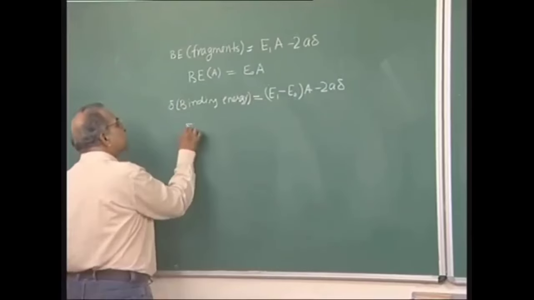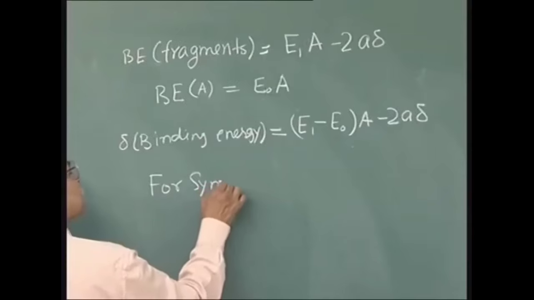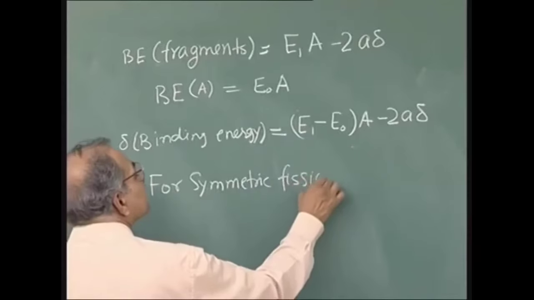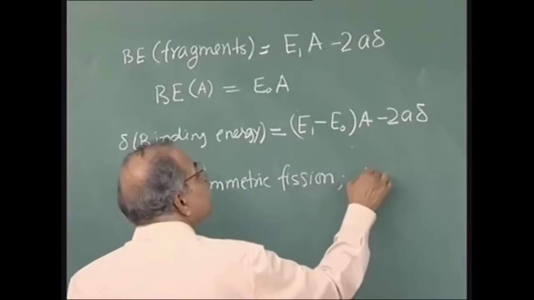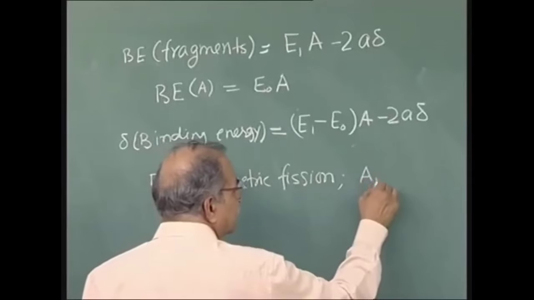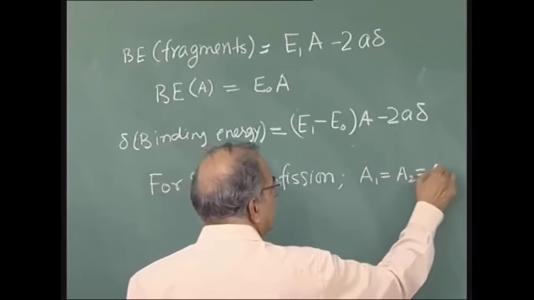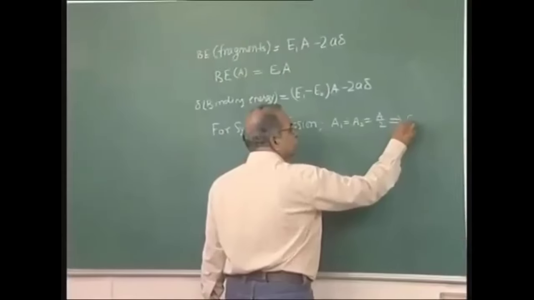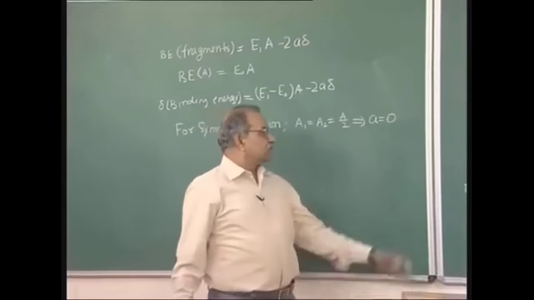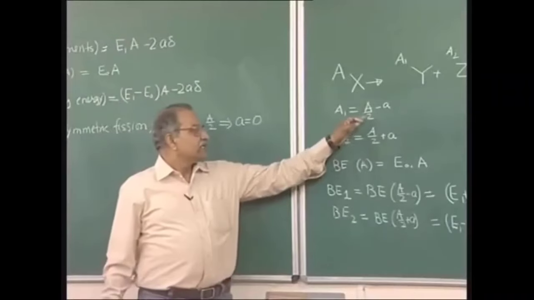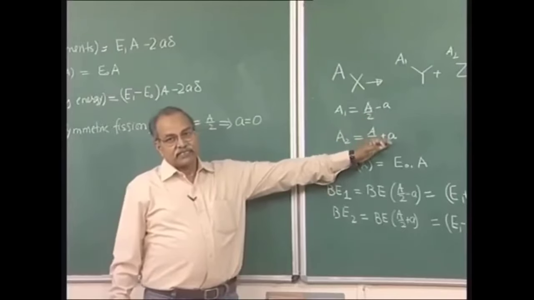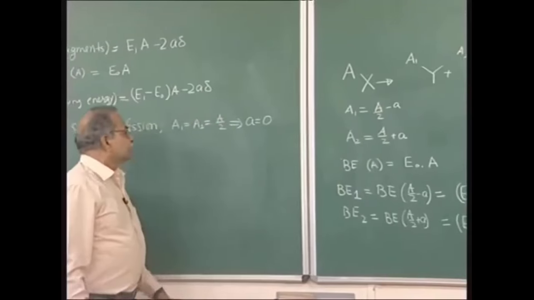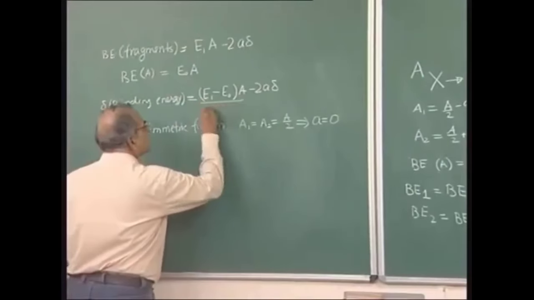For symmetric fission, symmetric fission means the two fragments are just equal, A1 equal to A2 equal to A by 2, and that means small a is 0, right, because the two fragments A1 and A2 I had taken as A by 2 minus a and A by 2 plus a. Symmetric fission means these mass numbers are equal, and so small a is 0. Then you have the largest energy release.